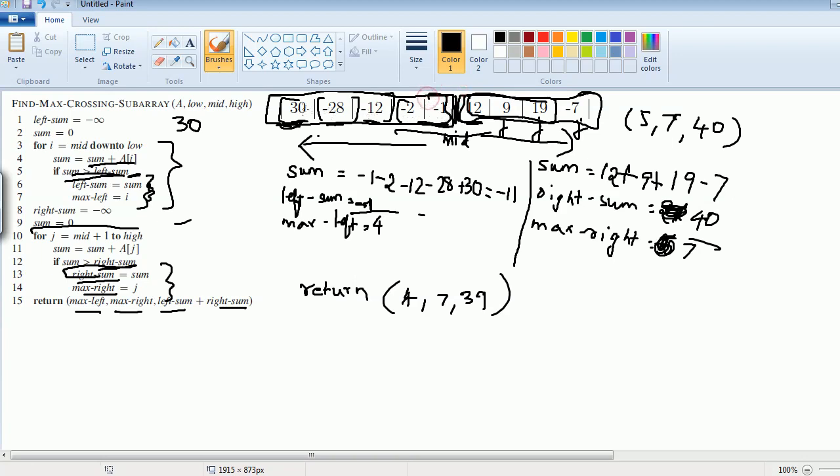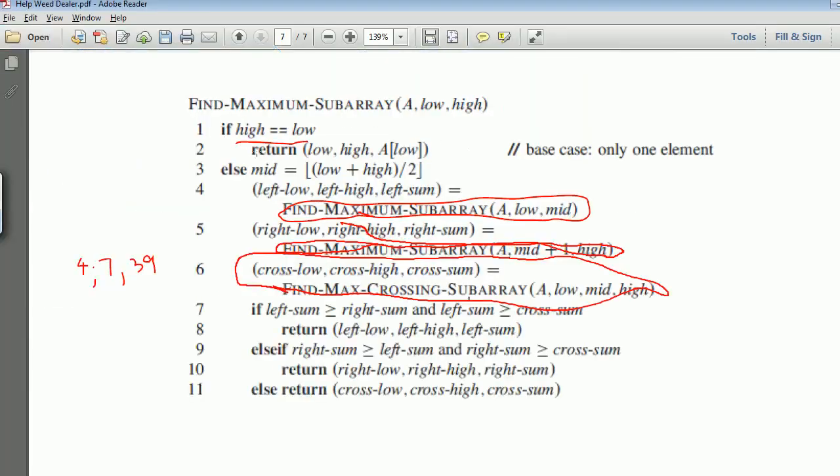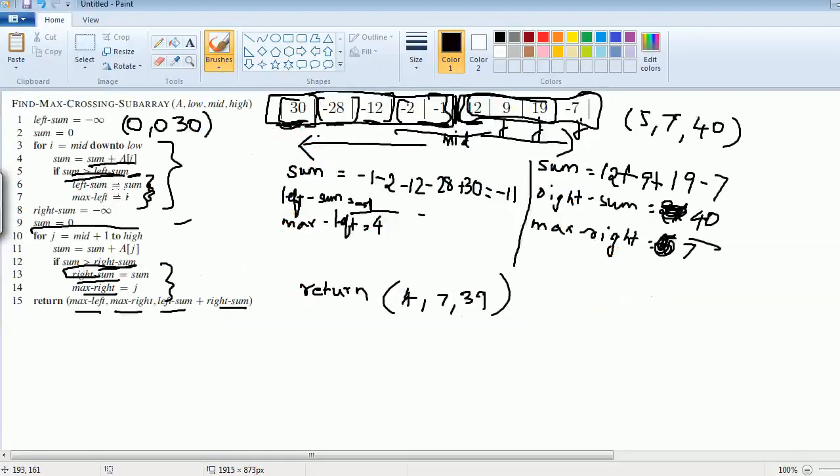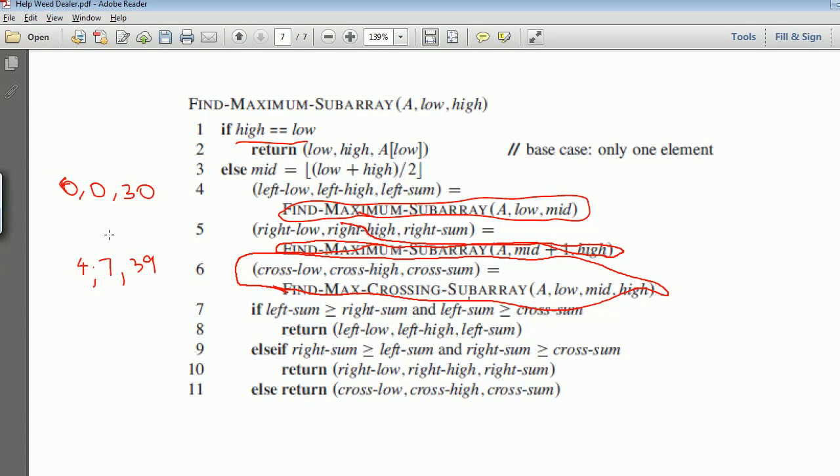So it would only return just one element, and it would return the indexes 0, 0 and 30. So now you have 0, 0, 30, and you have 5, 7, 40. So this is the solution of this, and this is the solution of this, and this is the solution of this.